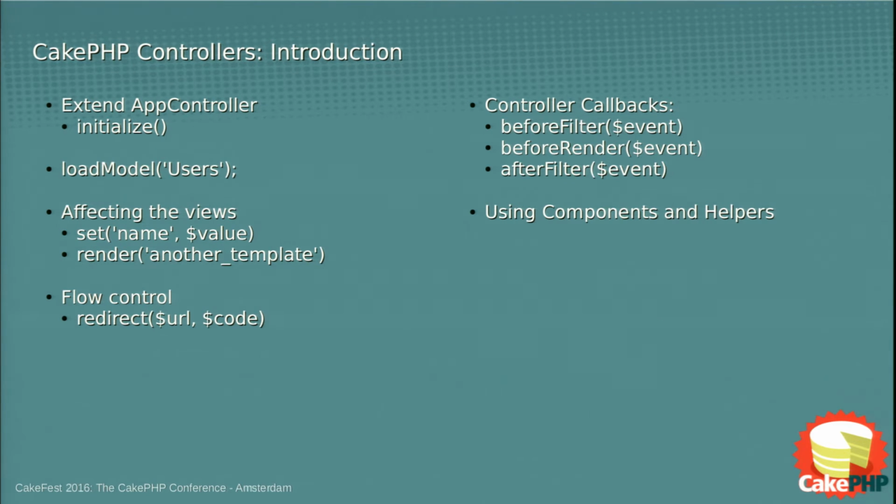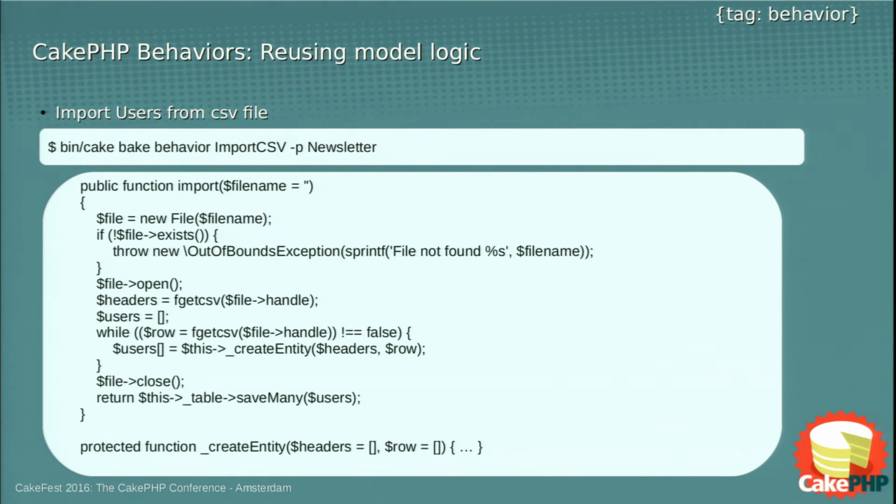Any questions related? Yep. Why is it better to use a behavior instead of a trait? It's not better. You can use a trait instead. In this case, behaviors give you a couple of nice features, like the way to have callbacks in them, so they are naturally called in the workflow of any operation in the table itself, and also the way to initialize and pass configurations to the behavior.